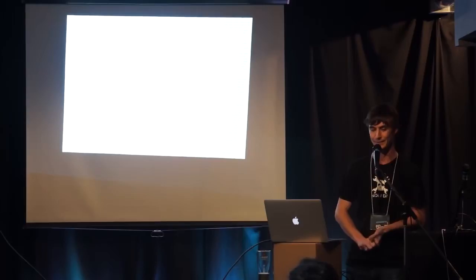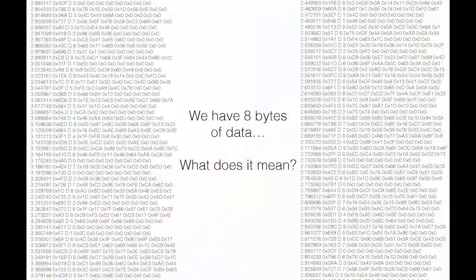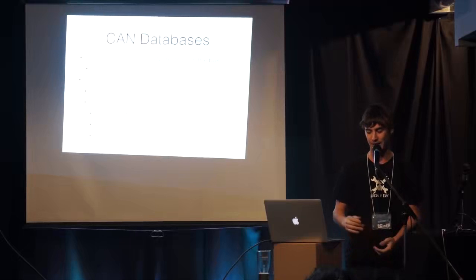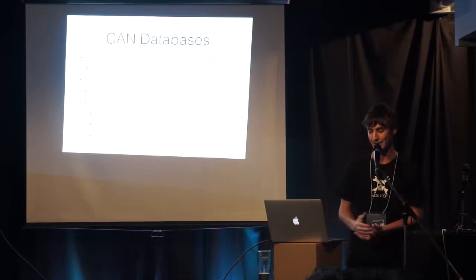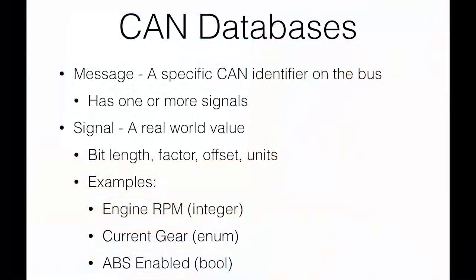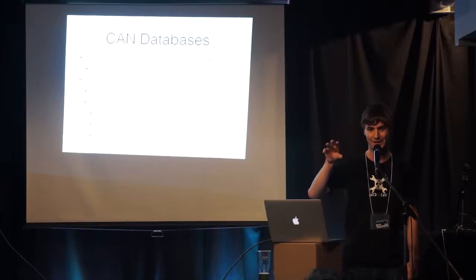Once you have that, you'll end up with a bunch of stuff like this. You'll say, okay, I have a timestamp, I have the identifier, I have a data length, and I have a bunch of bytes. Well, what does it mean? You can jump on your car's bus and you will get a big log, but what the heck does it mean? That's where we get into CAN databases. These are ways of encoding that data into real-world values. The way you build a database is a bunch of messages. A message says, look at this particular identifier.